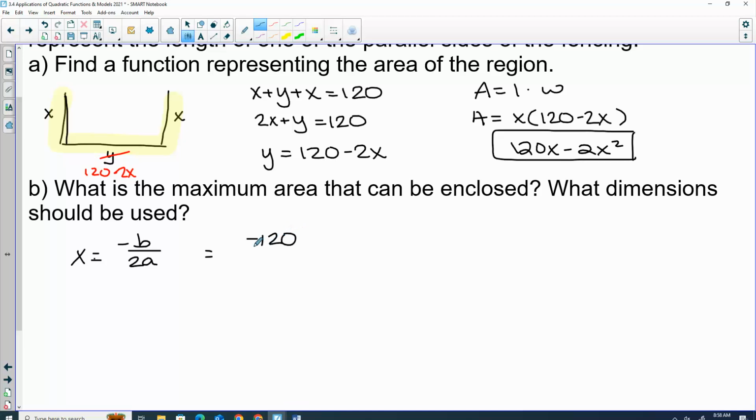The opposite of 120 over 2 times A, which is 2. Then we have to put that into the equation. I want the maximum area. I found x, so now we plug that into our area formula.